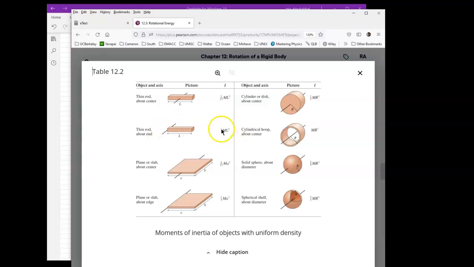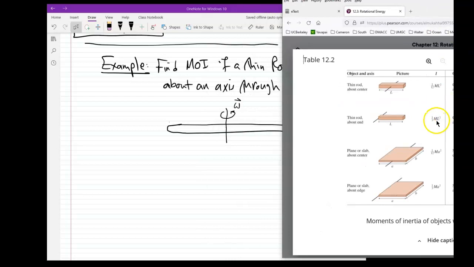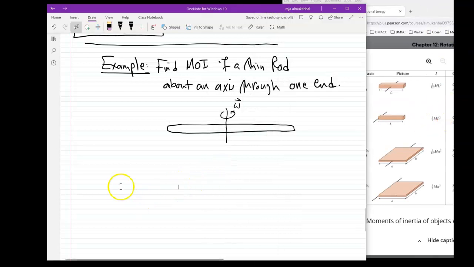Let's say we don't know that, okay? So I want to use the parallel axis theorem and calculate this one. So he said, if this is I center of mass and it's given to me, it's 1/12 ml squared, L being the length of the rod, m is the mass of the rod. He said, what is the moment of inertia about the side? Oops, about the side right here.